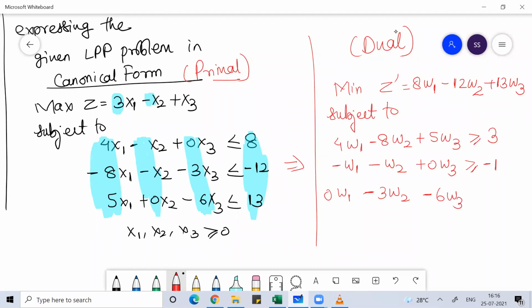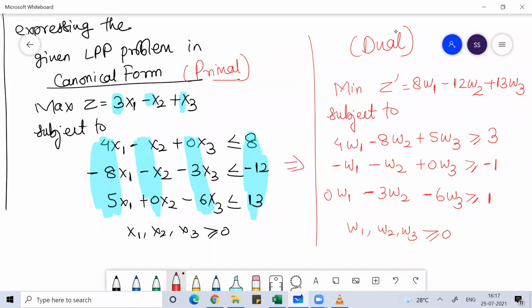That will be greater than or equal to the coefficient here, 1, where W1, W2, W3 are greater than or equal to 0. Clear, everyone?